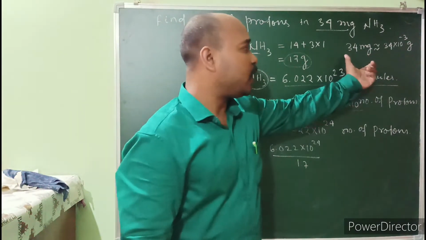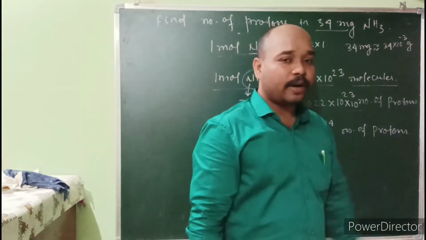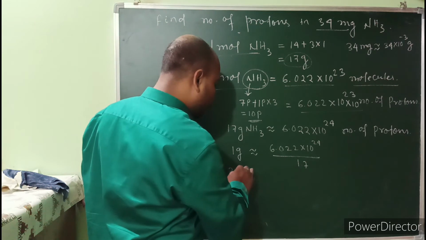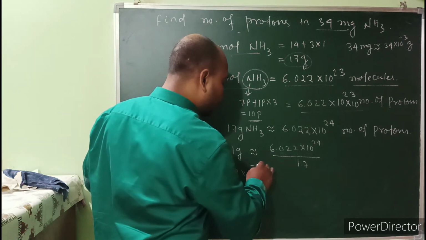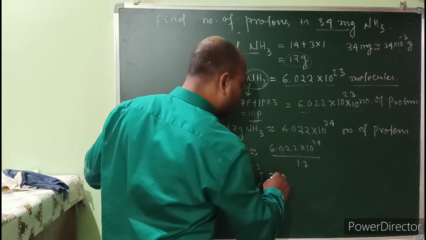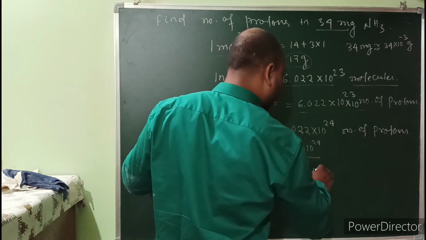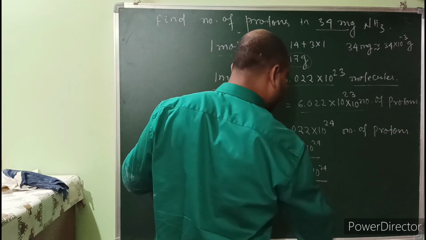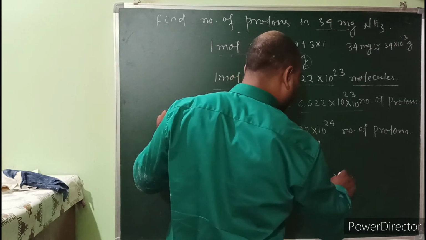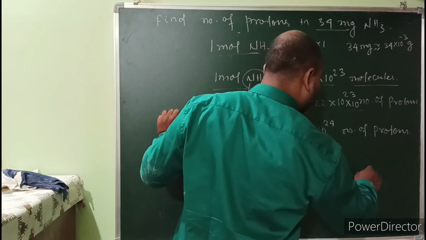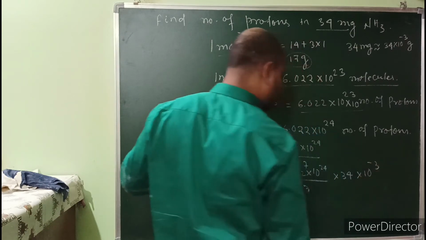So 34 milligram becomes 34 into 10 to the power minus 3 gram, which is equivalent to 6.022 into 10 to the power 24 divided by 17, into 34 into 10 to the power minus 3.